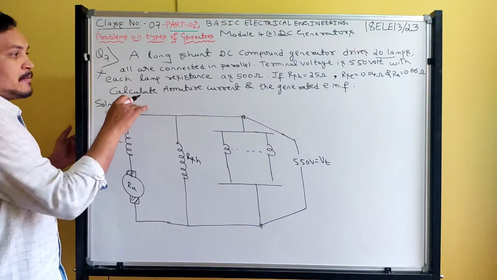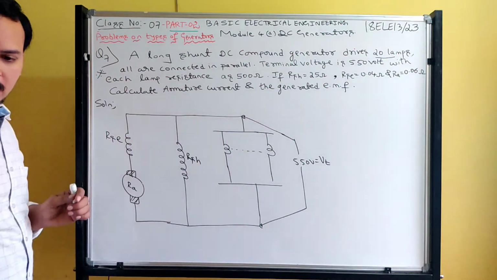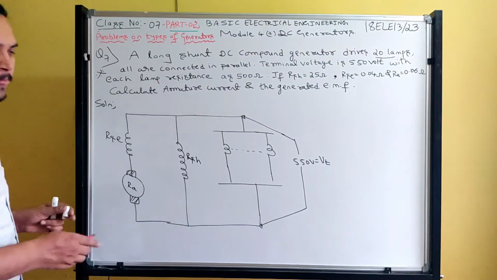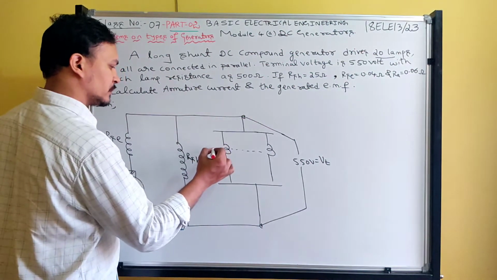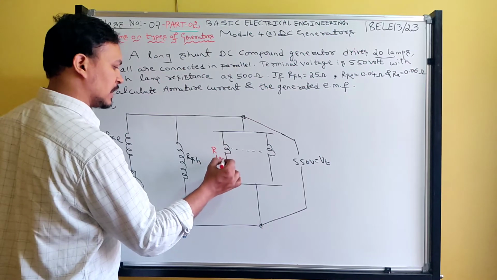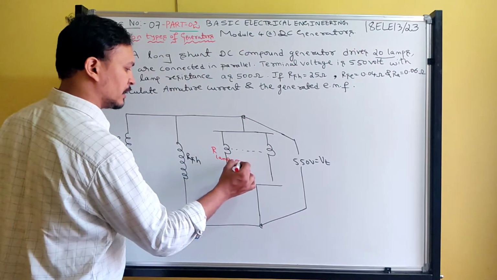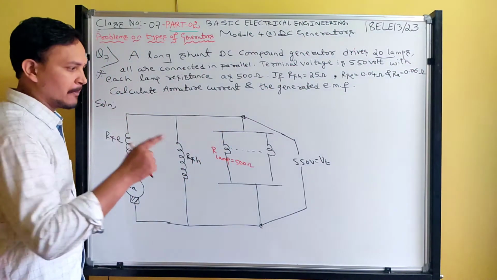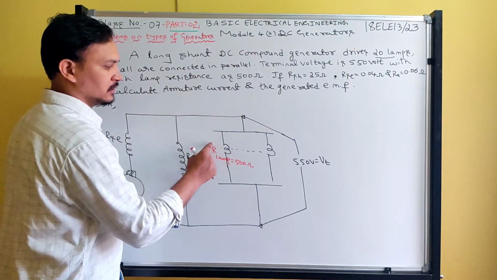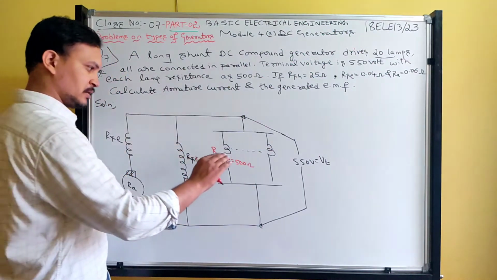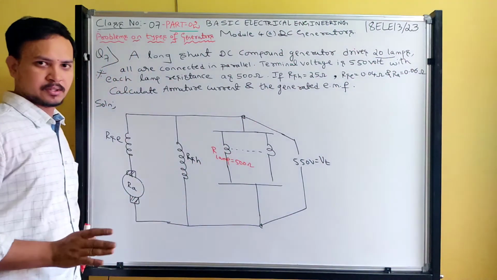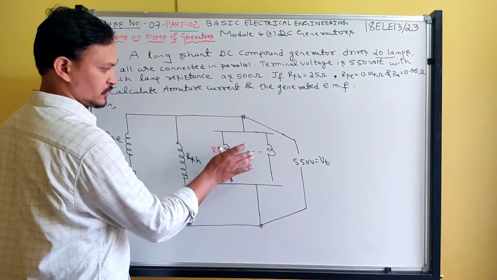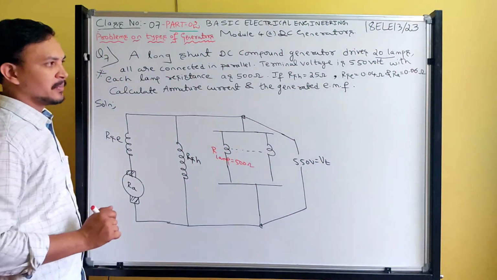Next, the resistance of each lamp is given. The resistance of each lamp is 500 ohms. Like that, there are 20 lamps, which means every lamp has the same resistance, 500 ohms, 500 ohms, 500, and like that 20 are connected in parallel.